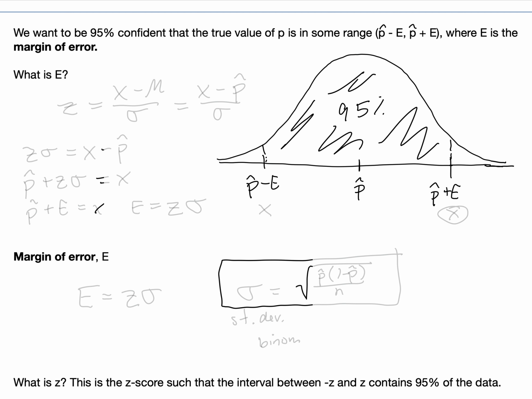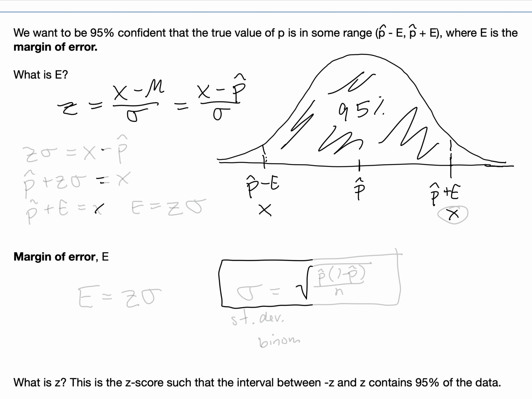So what is e? Well, we do know that z is equal to x minus mu over the standard deviation. This might seem like a digression, but remember this is back to z-scores. A z-score is the data value minus the mean divided by the standard deviation. What is that in this case? Well, that's x minus p hat over the standard deviation. And now let's try to solve for x.